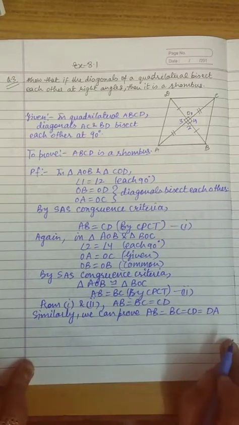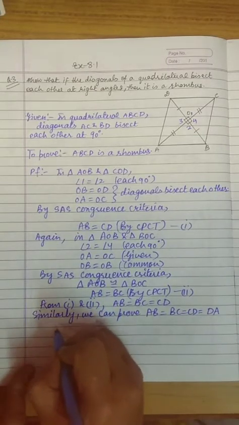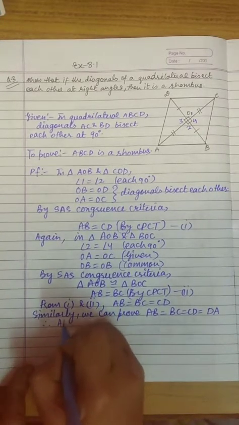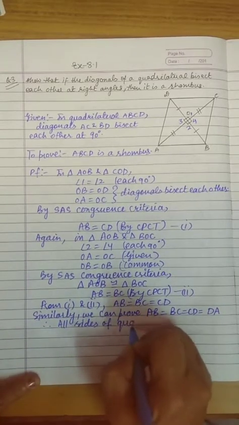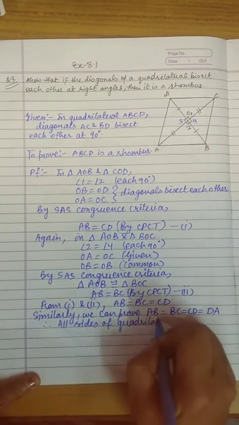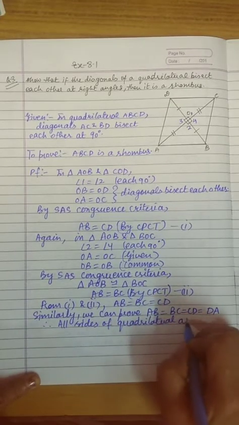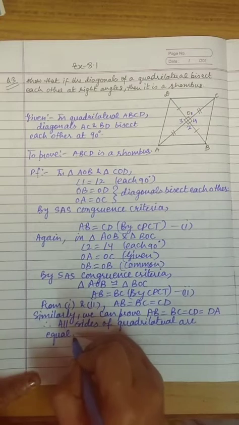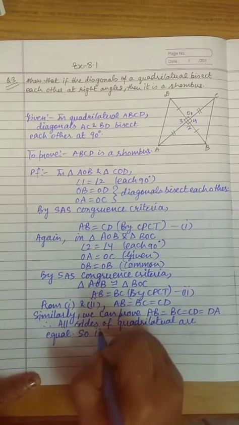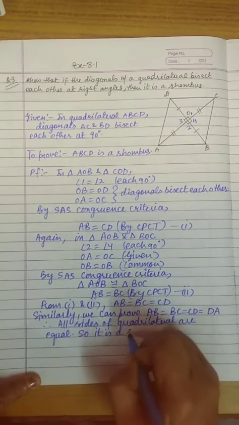If all the four sides of a quadrilateral are equal, then it is a rhombus. Therefore, all sides of the quadrilateral are equal, so it is a rhombus.